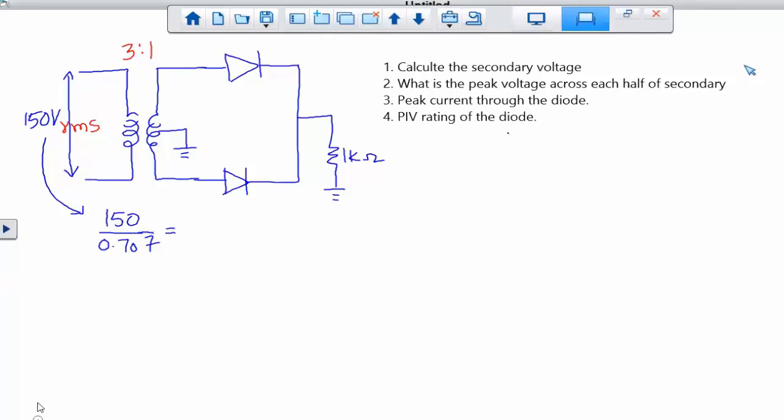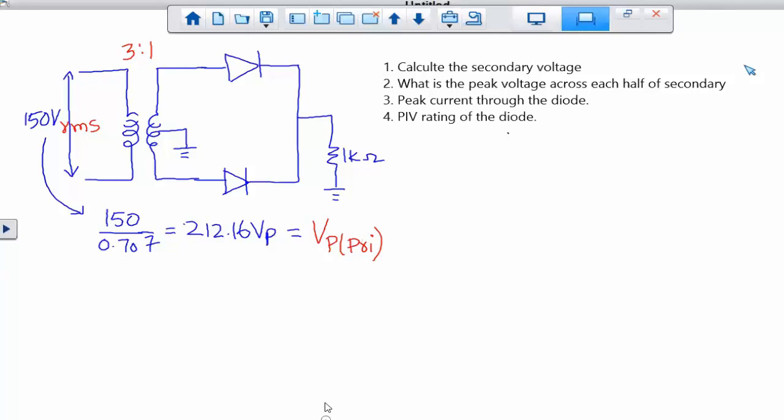Like 212.16, right? So this is the peak voltage, but this one is only the primary voltage, correct? So this is only the primary voltage side of the transformer. So it's a V peak primary only.